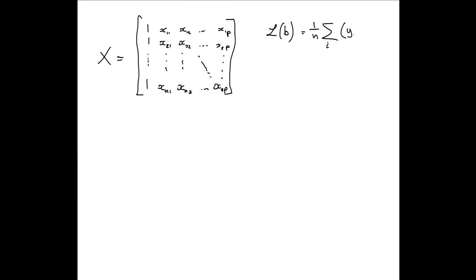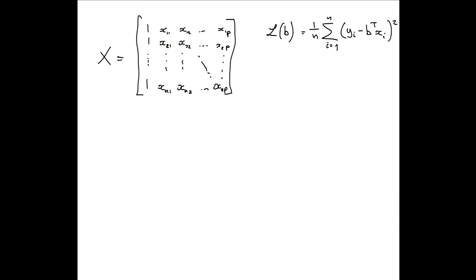And I need to emphasize what I'm doing here. Now I'm back to indexing, where i is over the data set. And then I have B transpose xi squared.